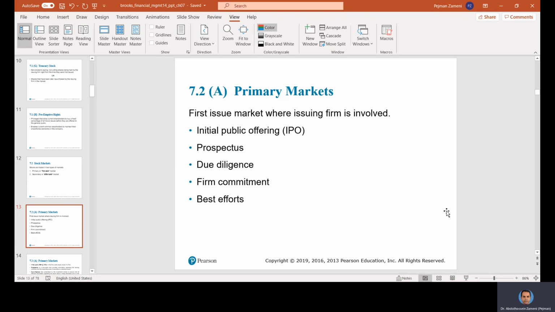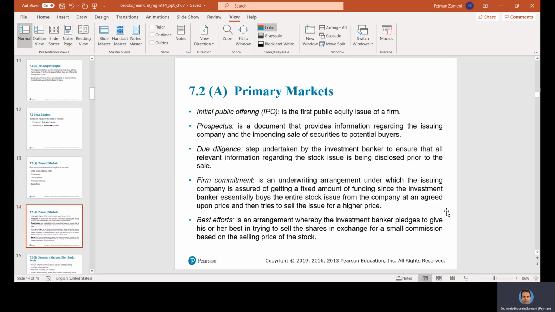What are prospectus, due diligence, firm commitment, and best efforts? Let's see. Initial public offering is the first public equity issue of a firm. Prospectus is a document that provides information regarding the issuing company and the impending sale of securities to potential buyers.